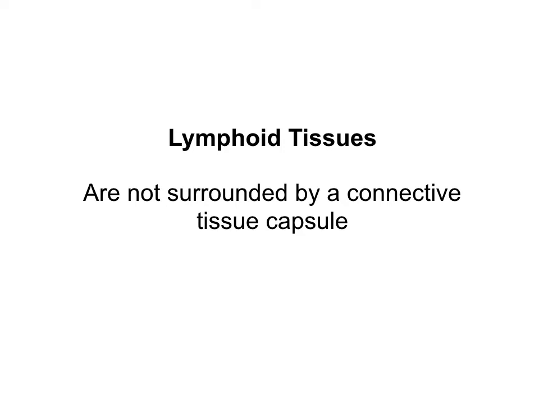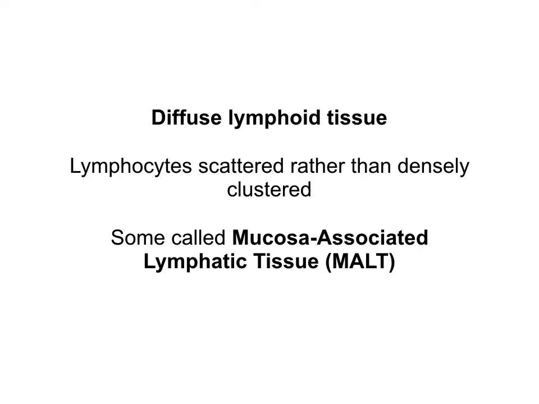All right, so now let's talk about your lymphoid tissues. Recall from earlier that lymphoid tissues are considered tissues, not organs, because they're not surrounded by a connective tissue capsule. Some of your lymphoid tissues are referred to as diffuse lymphoid tissues. The reason they're referred to as diffuse is the fact that the lymphocytes are scattered instead of being densely clustered together in larger masses.